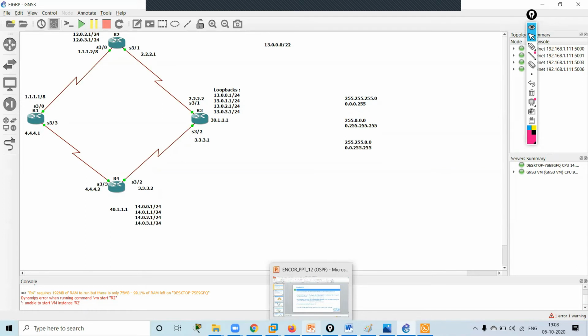Now we can do summarization also over here in OSPF, like we have done in EIGRP. So how to do summarization here?